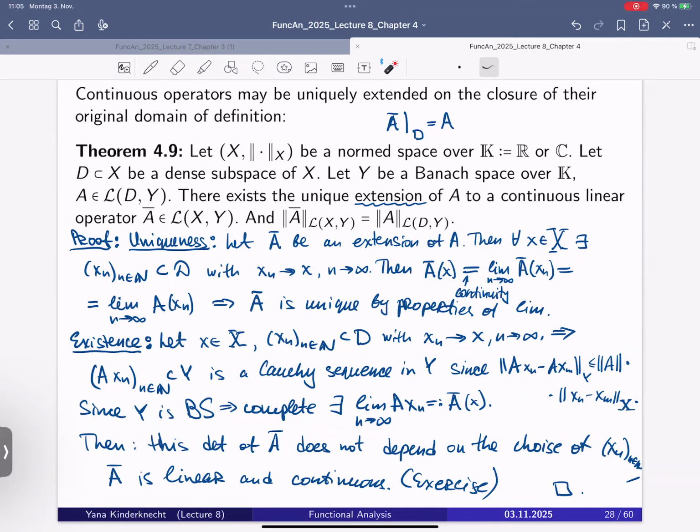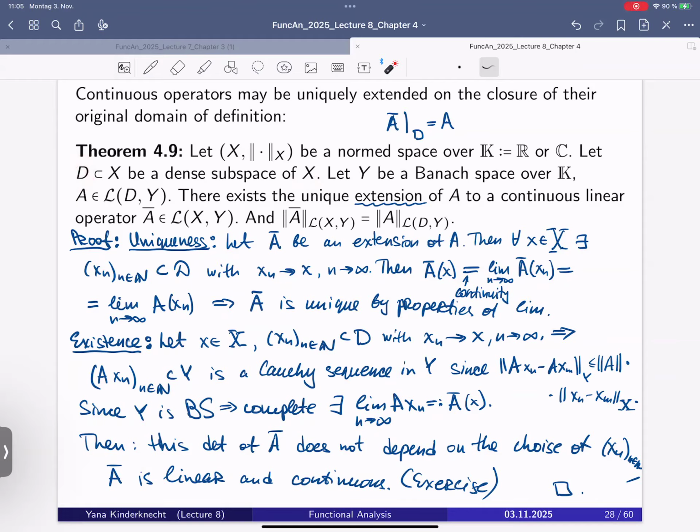Well, this result is also known as the BLT theorem, BLT for bounded linear transformation. This result is helpful in applications because sometimes it's very convenient to consider an operator defined not on the whole X but on a dense subspace of, say, good elements.